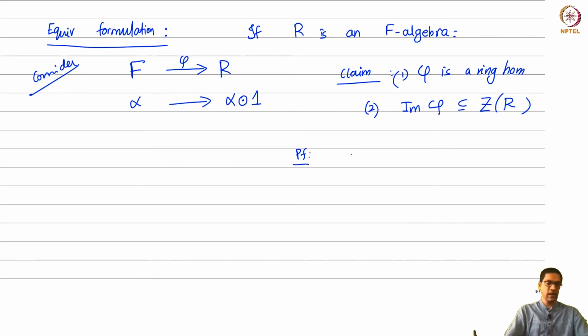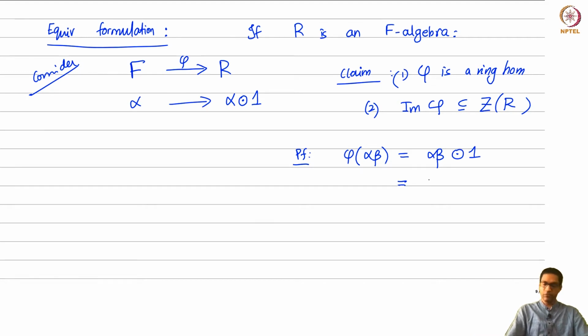So what is phi of alpha beta? By definition, it's alpha beta scalar multiplying 1. But how do you scalar multiply alpha beta with 1?